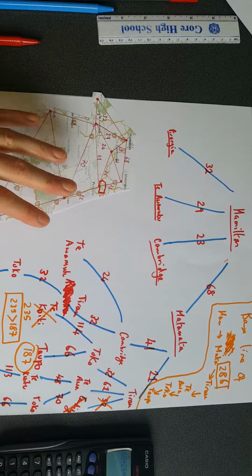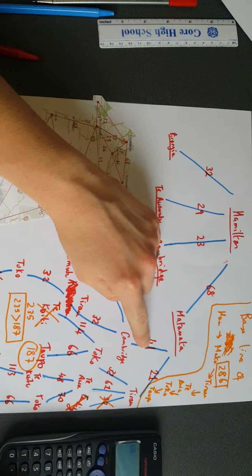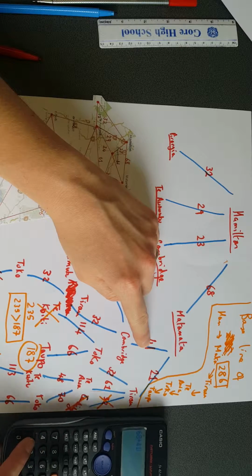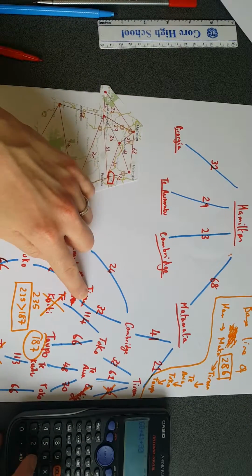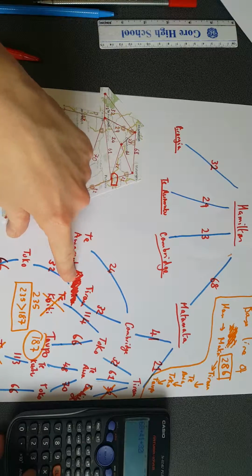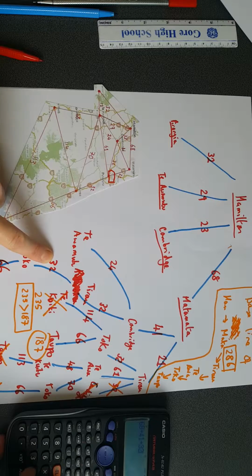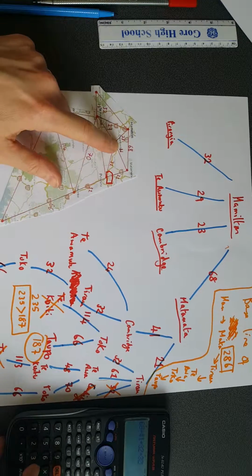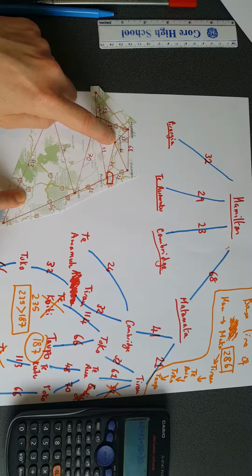Whereas this one is quite small still, so if I go to Tirau, I've got two possible routes. I've got going to Tokoroa, which I haven't been to, and then Taupo. So for Taupo, I would be adding 66, and I need to add that up. I've got 181 here so far.